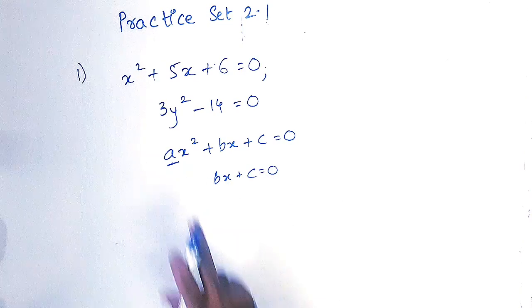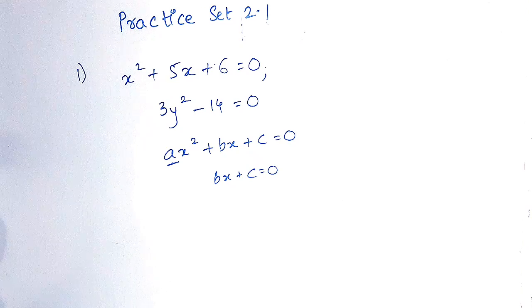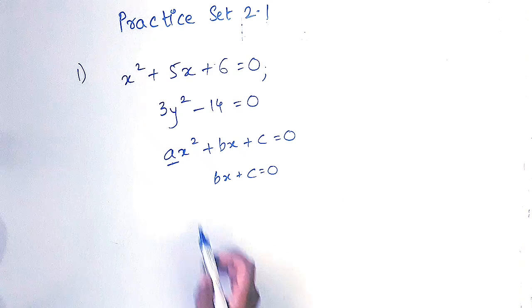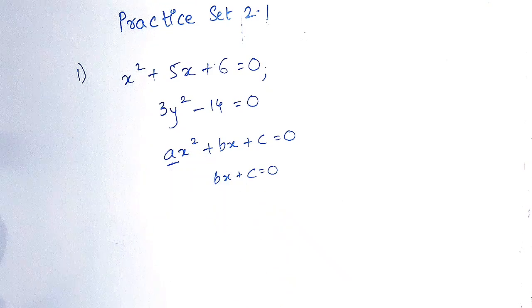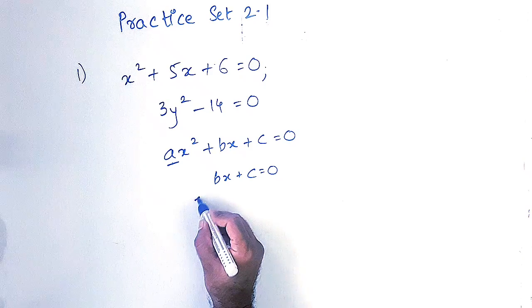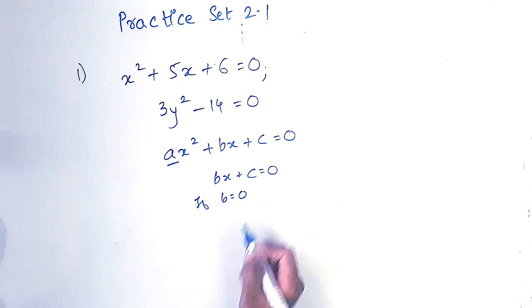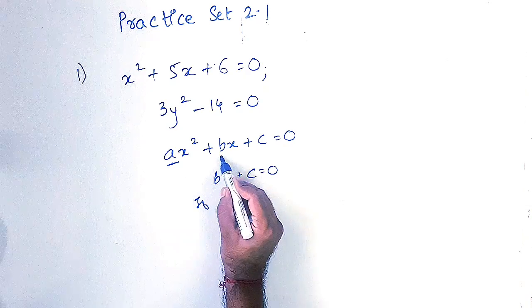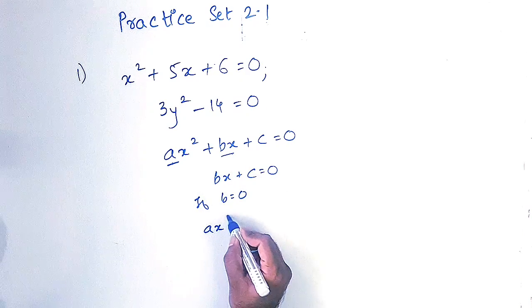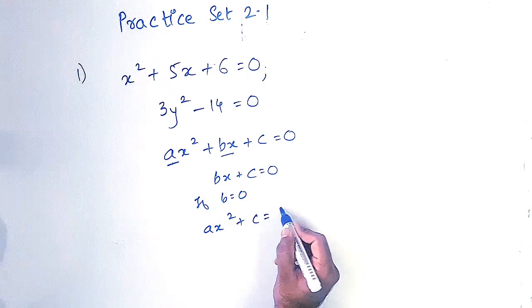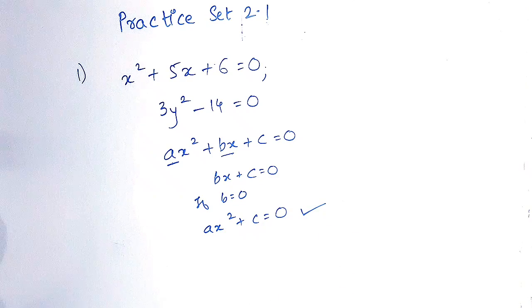So I cannot call it a quadratic equation, because the condition for an equation to be quadratic is that the degree should be 2. Let us say if b is equal to 0, this will become 0. So what will remain? ax square plus c equals 0, which is a quadratic equation.